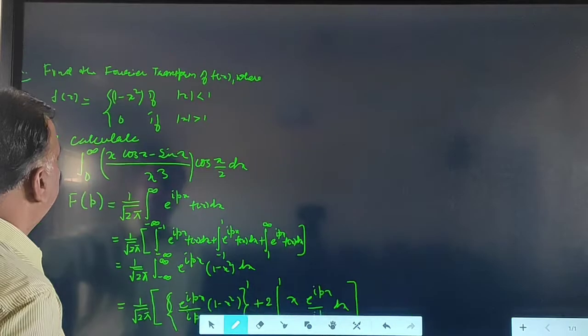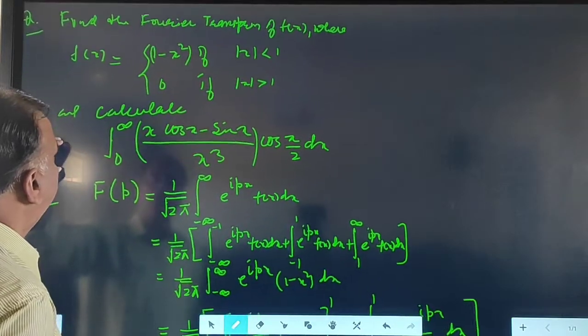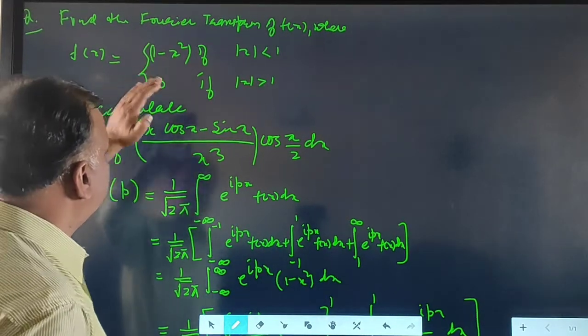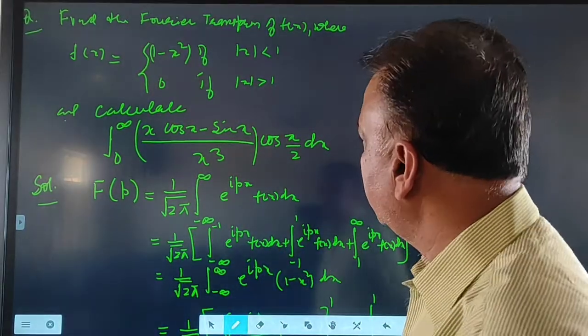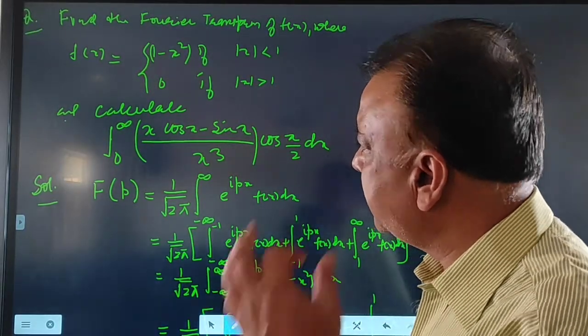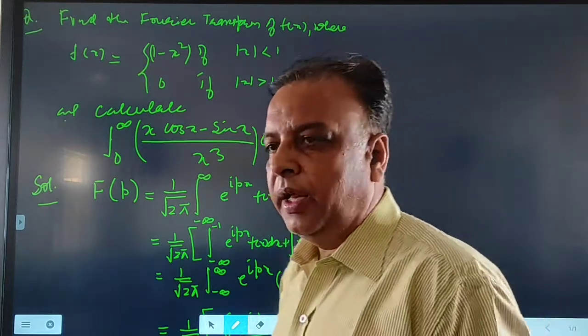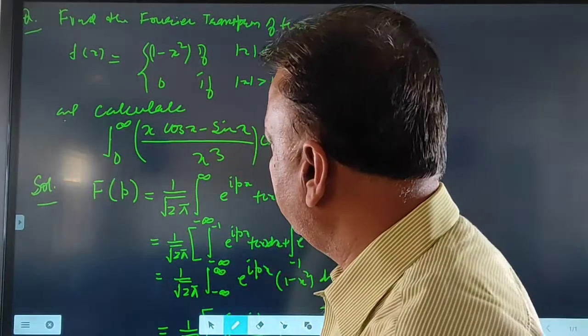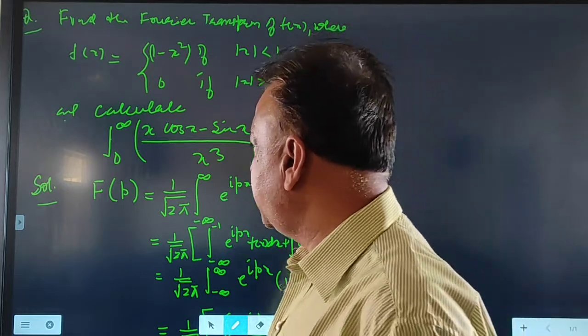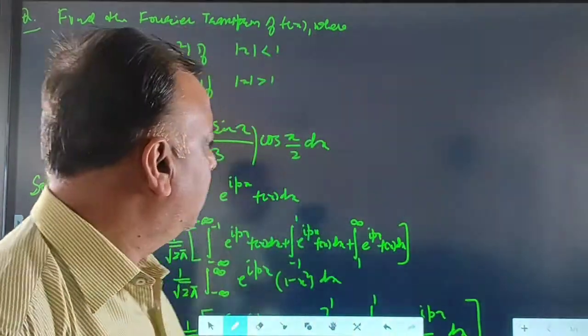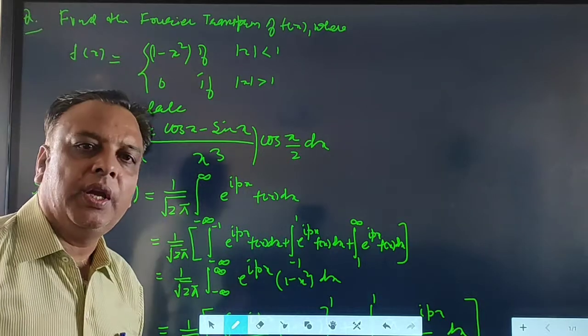First find the Fourier transformation of the function f(x), which is defined as 1 minus x square if mod of x is less than 1 and 0 if mod of x is greater than 1. And then we have to calculate the integral from 0 to infinity of (x cos x minus sin x) upon x cube, cos x by 2 dx.